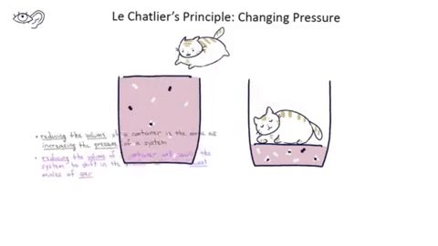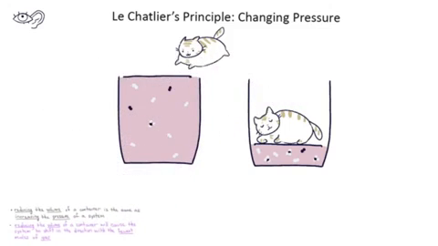Let's look at an example of Le Chatelier's principle in changing pressure. In this image on the left, we have nitrogen and hydrogen molecules reacting to form ammonia, or NH3. In the image on the left, before the cat jumps on the cylinder, we have 9 moles of gas, with 1 mole of NH3, 2 moles of N2 and 6 moles of H2.